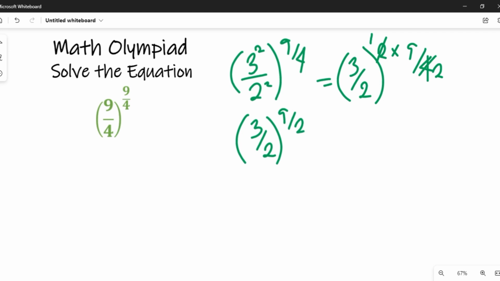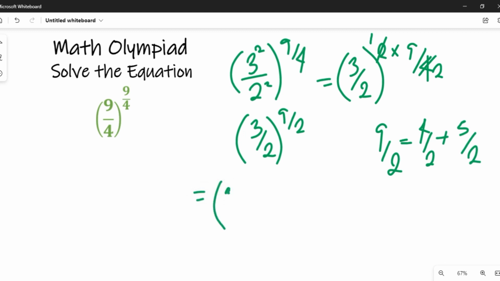Having gotten this, note that 9 over 2 can be equal to 4 over 2 plus 5 over 2, and 4 over 2 plus 5 over 2 gives us 9 over 2. So we replace it, and we get 3 over 2 raised to power 4 over 2 plus 5 over 2.